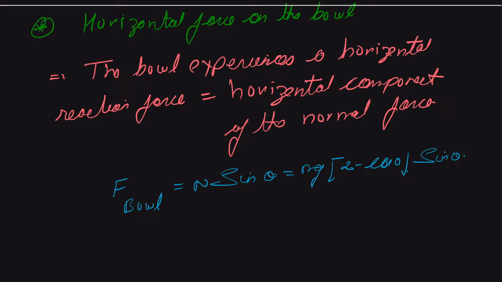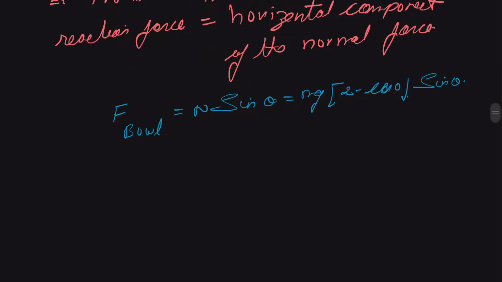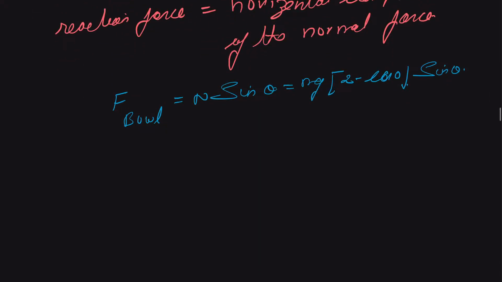Furthermore, because we are interested in finding the ratio when there will be no motion of the ball, we are going to find the maximum static friction available, because there is a force of friction between the bowl and the table.